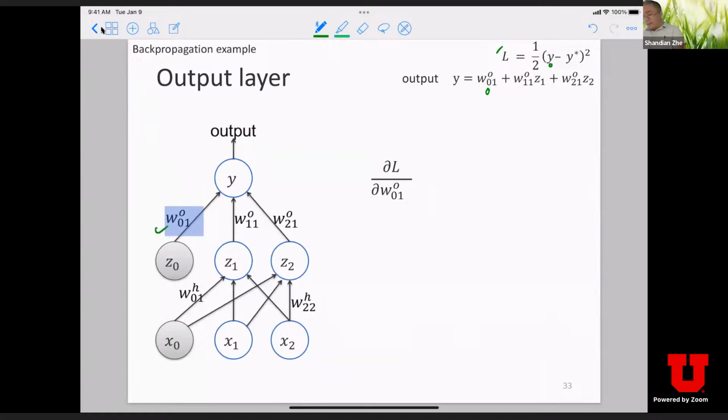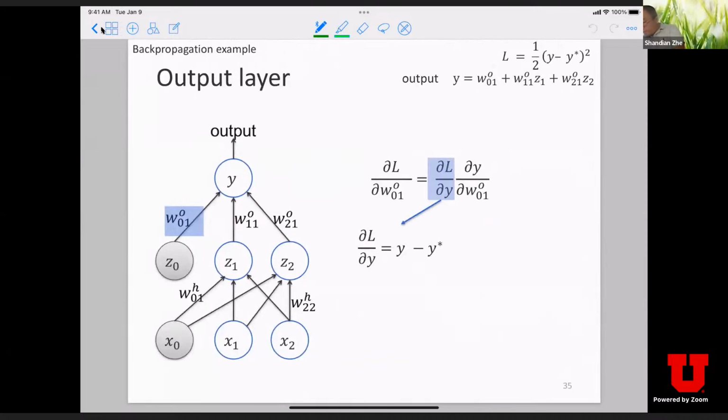Y is computed by a linear combination of the neurons in the second last layer, Z0, Z1, Z2. So we apply the chain rule. We get that partial L over partial W010 equals partial L over partial Y, times partial Y over partial W010.